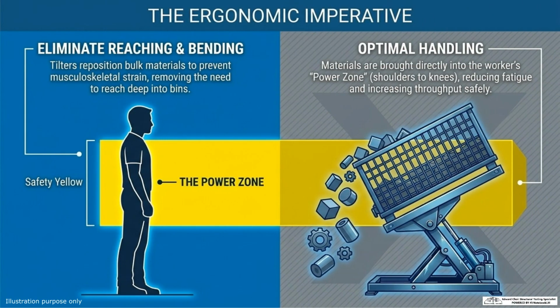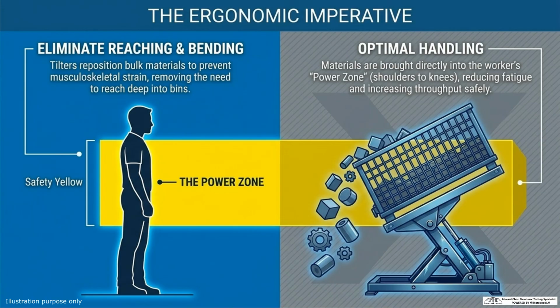Here's why tilters exist in the first place. Ergonomics. Workers accessing bulk bins, reaching deep, bending low, are putting themselves in the injury zone on every single cycle. Musculoskeletal strain is one of the leading causes of lost time injuries in manufacturing and distribution.